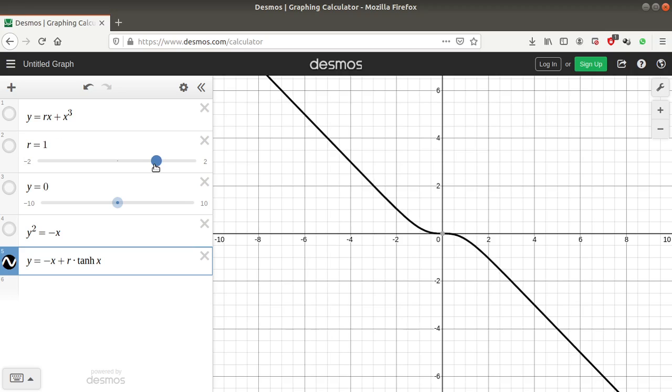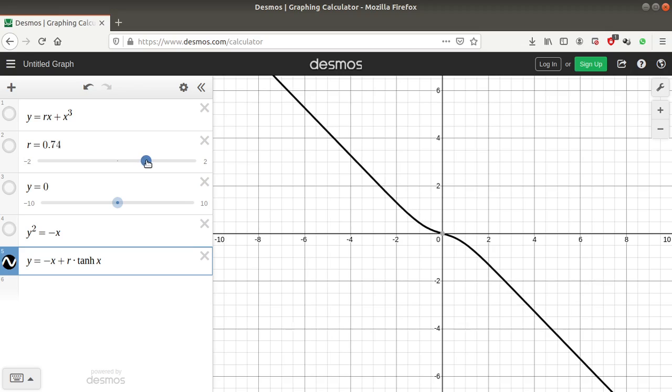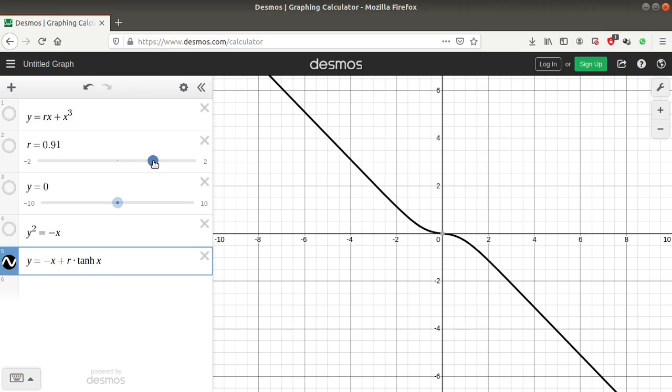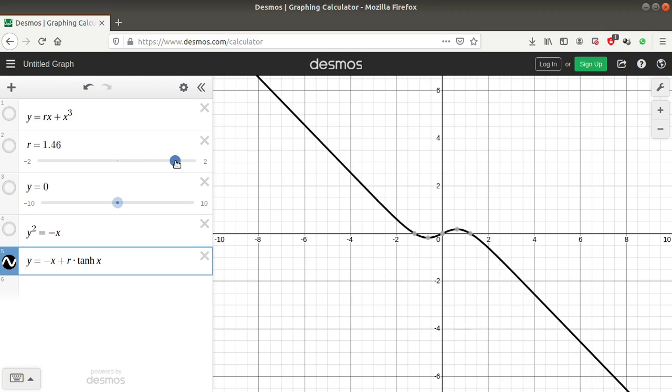Okay, see, right now this is having only one fixed point, which is at 0, and now if I increase the value above, I don't know, seems like 1. Okay, when r value is above 1, we are having 3 fixed points.